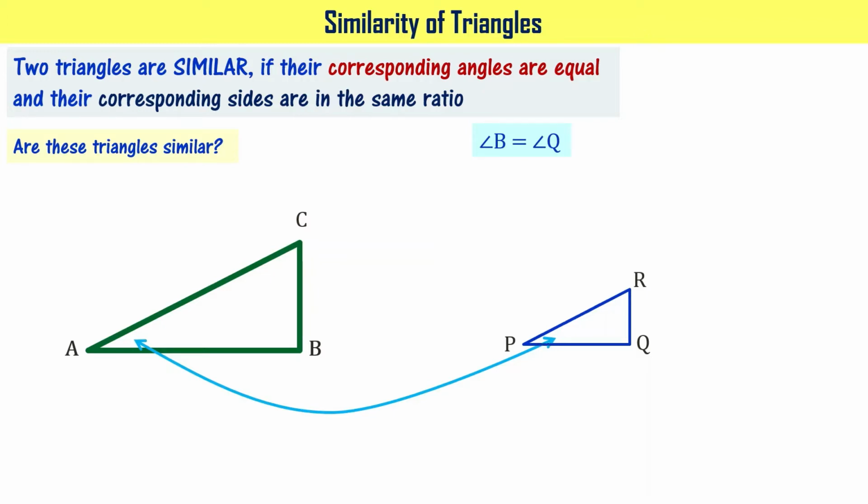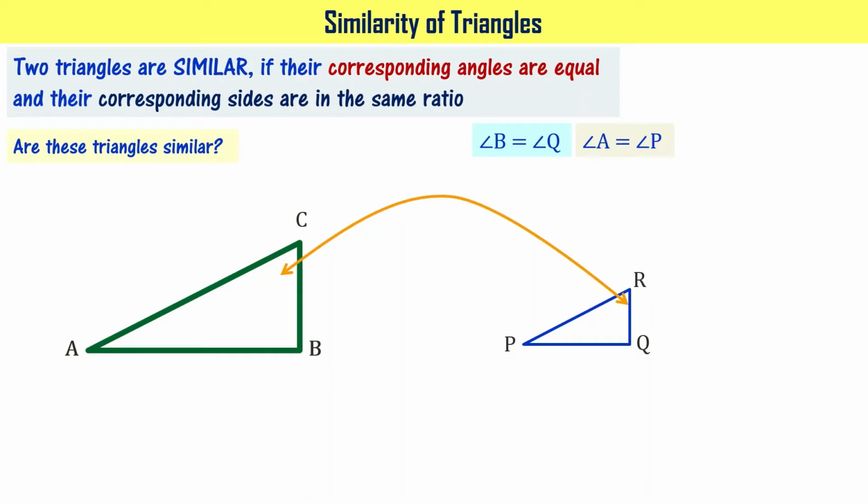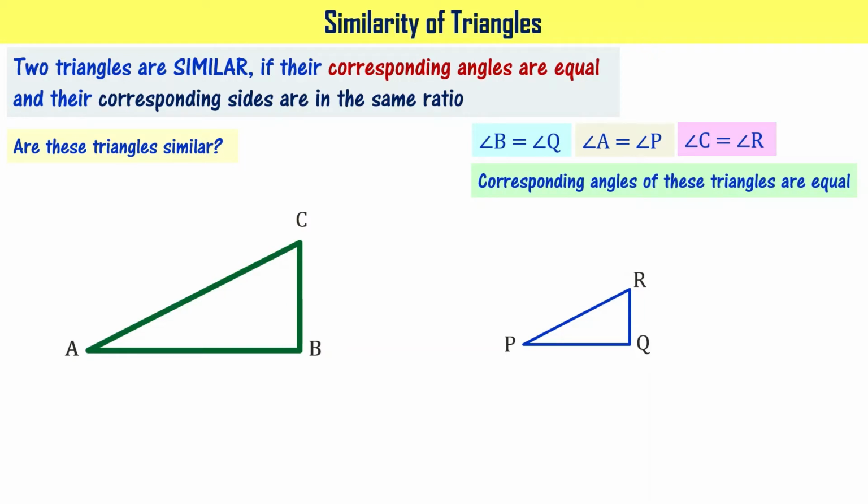Let's see whether they are equal or not. As you see here, angle A is equal to angle P, right? Let's do that for the other pair, that is angle C and angle R. As you see here, angle C equal to angle R. Now I can say that the corresponding angles of these two triangles are equal, right?